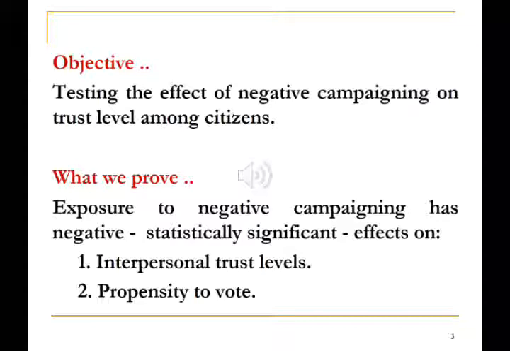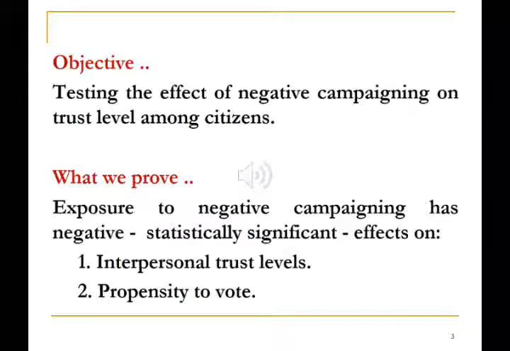And what we prove is that there is such a significant effect, because subjects in the experiment whom we have exposed to an environment of negative campaigning exhibited statistically significant lower levels of interpersonal trust among each other.